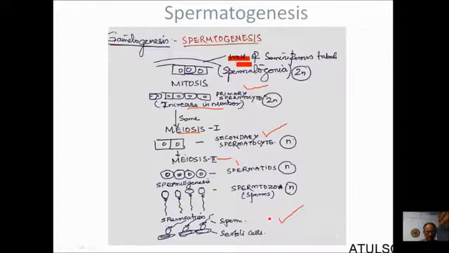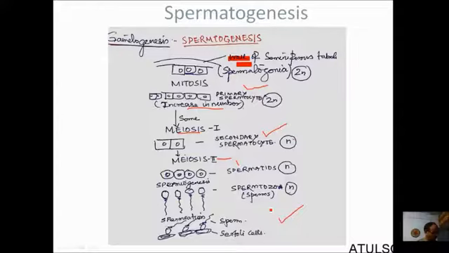After the formation of spermatozoa, the spermatozoa has a head, neck and tail. But to get energy, they want nutrition, and they get attached to the Sertoli cells so that they get proper energy for movement, and this process is called spermiation.